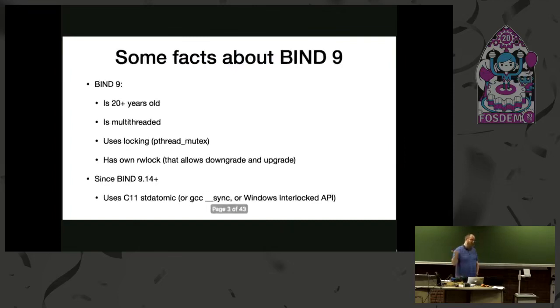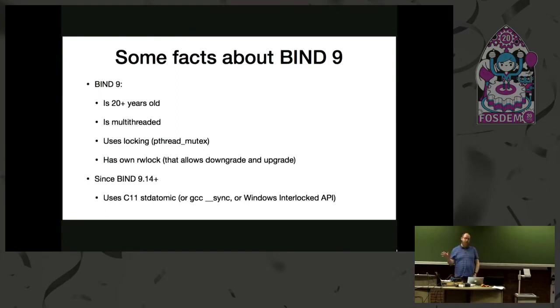So about bind, it's a 20 years plus old code base. So you can imagine it's pre-C99 code sometimes, and it's getting better. It's multi-threaded. It uses locking. It has its own RW lock, which has some advantages, like it allows downgrade and upgrade.